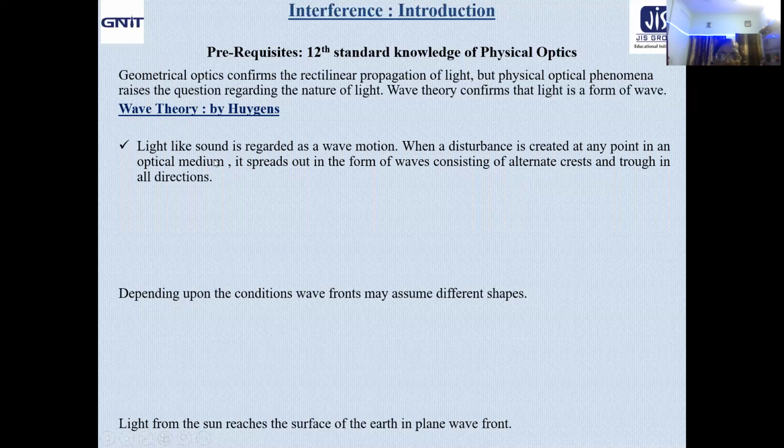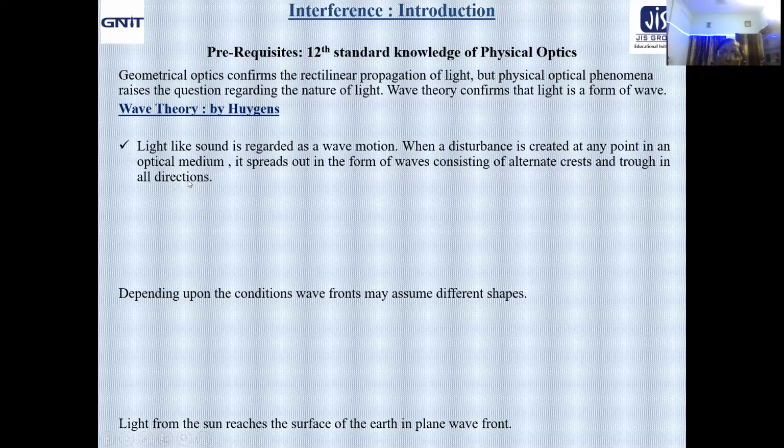Now the first statement, what I am showing here, is very much known to all of you: light, like sound, is regarded as a wave motion. When a disturbance is created at any point in an optical medium, the disturbance spreads out in the form of waves consisting of alternate crests and troughs in all directions.